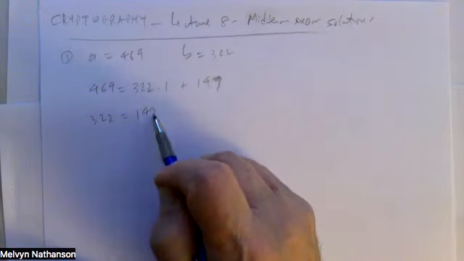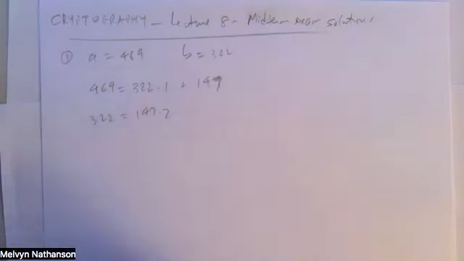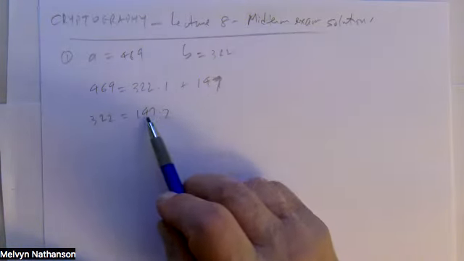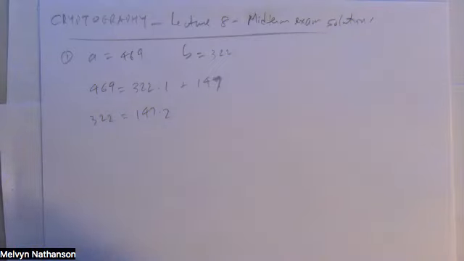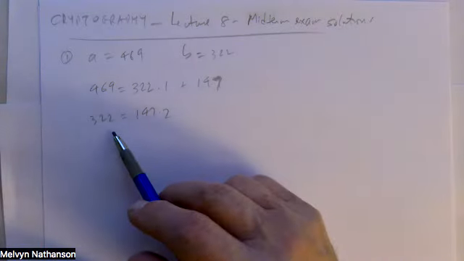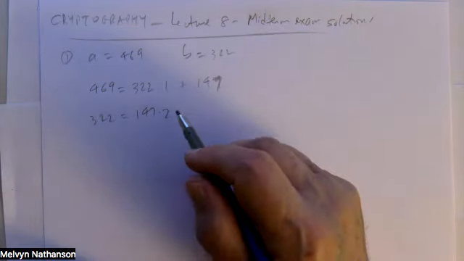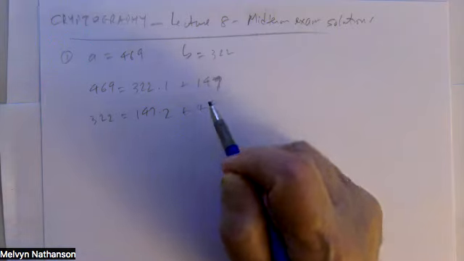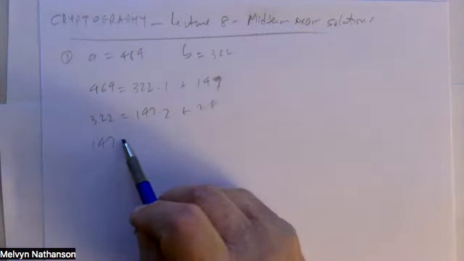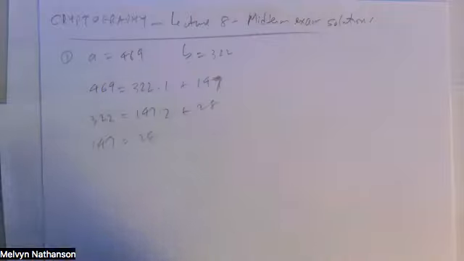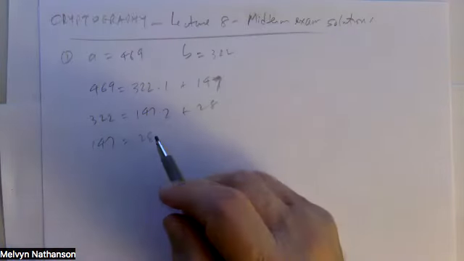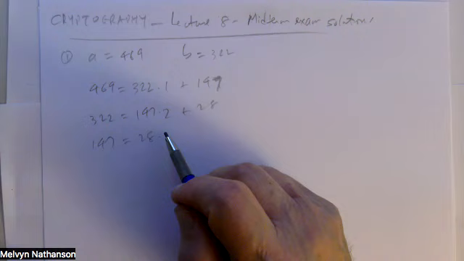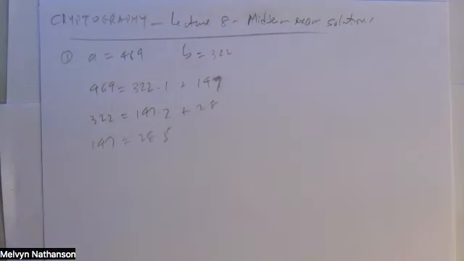322 divided by 147 has a quotient of 2. 2 times 147 is 294. 322 minus 294 is a remainder of 28. 147 divided by 28, I think that probably goes in 5 times.